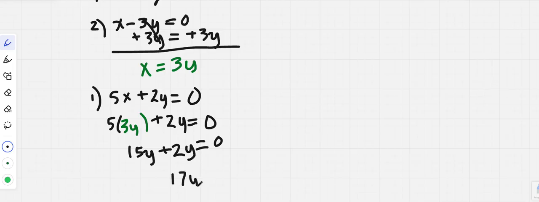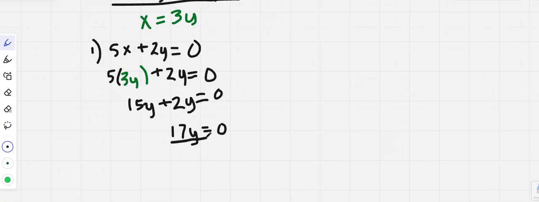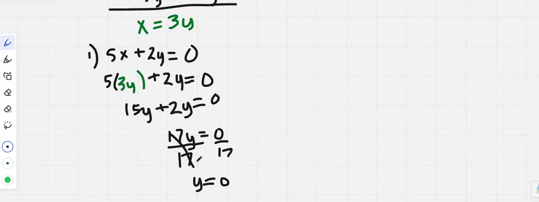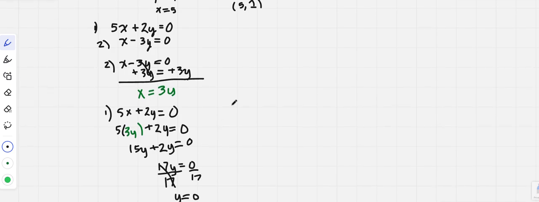So 17y equals 0. And divide by 17 on both sides. y equals 0. These 17s cancel out. All right, now let's plug that into our equation 2.